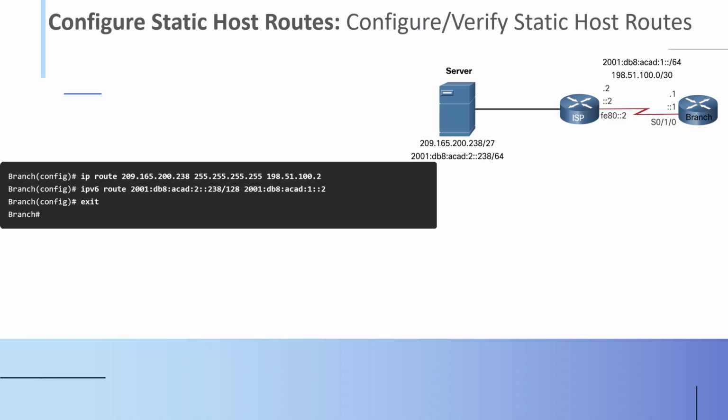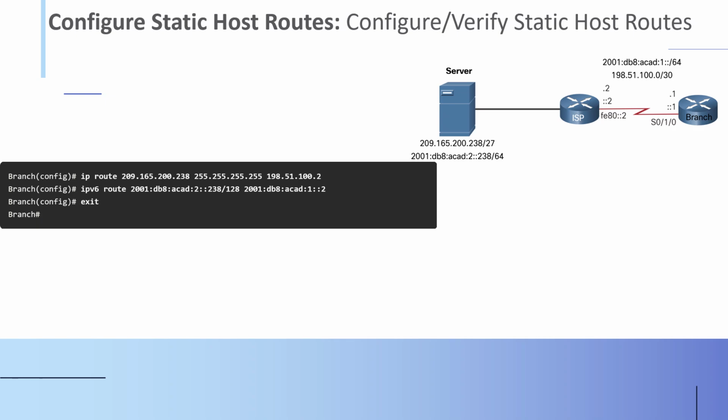Or as we configure for the IPv6 network, at the branch router, in configuration mode, we add ipv6 route, followed by the IPv6 address of the server, slash the prefix length of 128, followed by the next hop, which is the IP address of the internet service provider connected to the interface connected with our branch router.